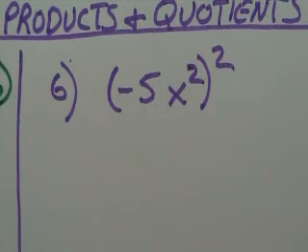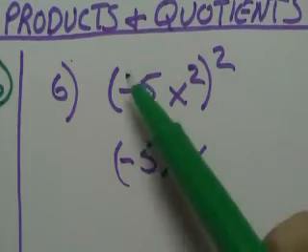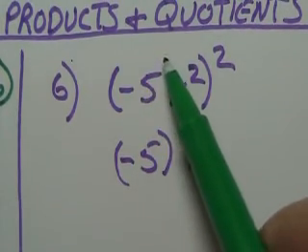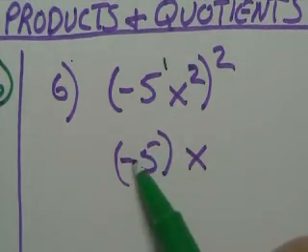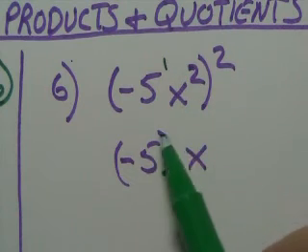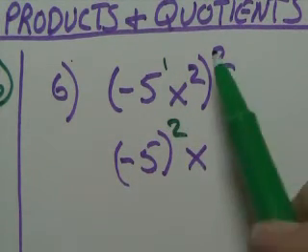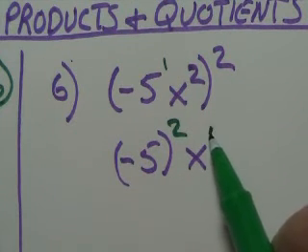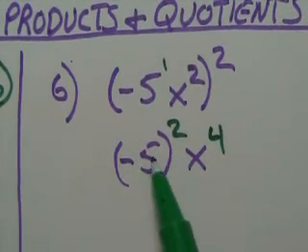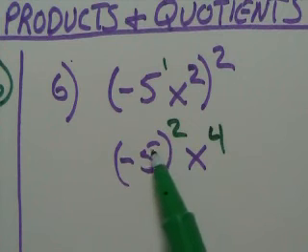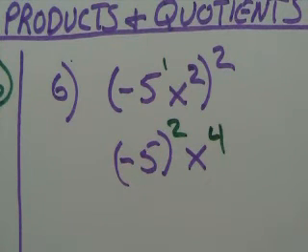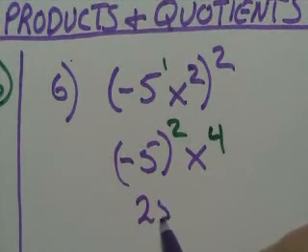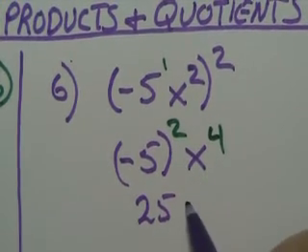So basically what we have is the quantity negative 5 squared, and then x squared, well, 2 times 2 is 4. Negative 5 squared is negative 5 times negative 5, that would be 25 positive.